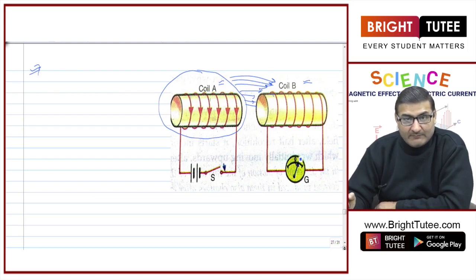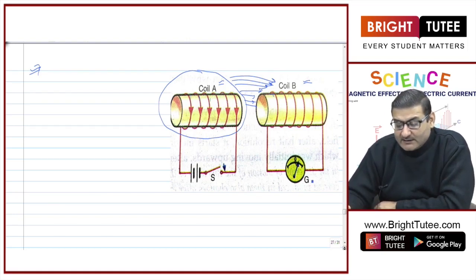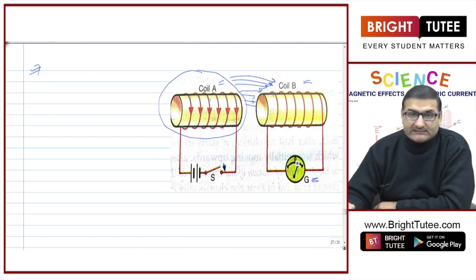Importantly, when I switch it off, there is no current in coil A, but again I will find a deflection momentarily, for a fraction of a second, in this galvanometer.